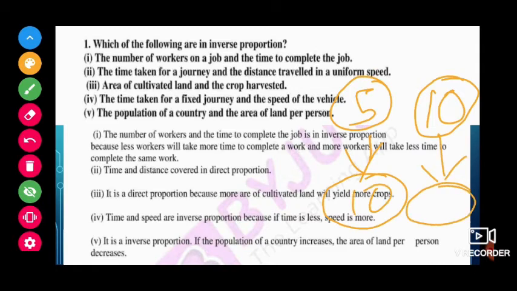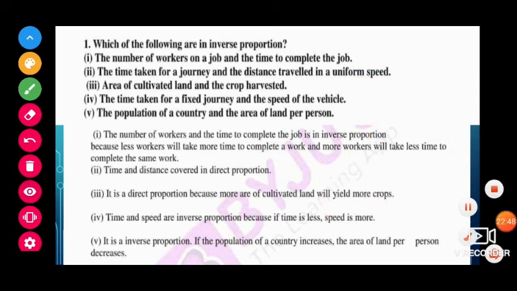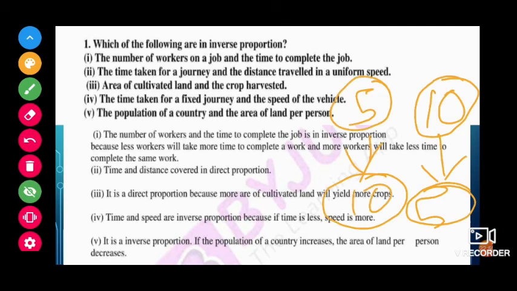If the number of workers increases, then automatically days will decrease, no? Maybe they can complete it in 5 days. So, if we observe, one quantity is increasing, then one quantity is decreasing. So, this is in inverse proportion.